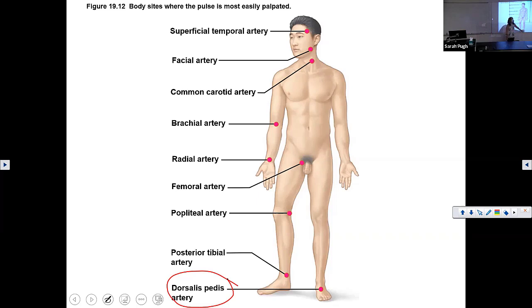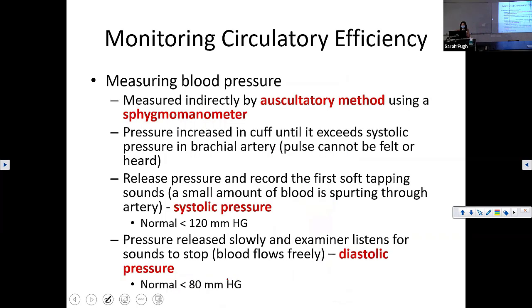The nurse might come in while they're in the hospital and constantly check their pulse down here. Why would it be important to check a pulse if you've got a wound up here? Yeah, just making sure that you're getting the blood flow down past that wound, right? So depending on what that patient is in the hospital for, we may have to take a pulse in different areas of the body.